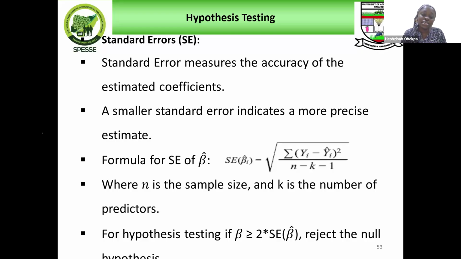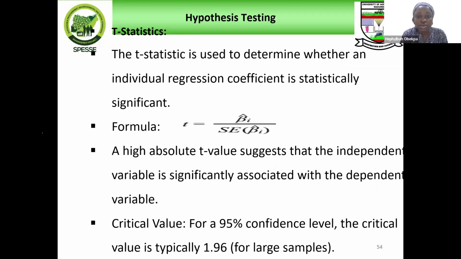For hypothesis testing, if your beta is greater than 2 times your standard error, you reject the null hypothesis. Again, these are all things that happen at the back end of the computer. Please do not bother yourself with it, but it is good to know.